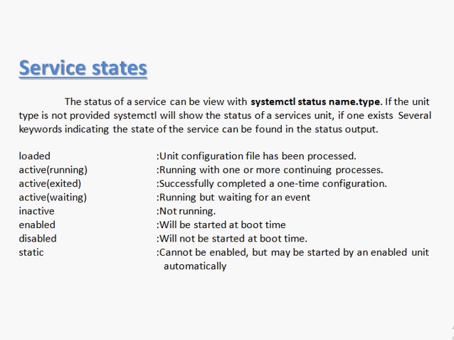Active (waiting): running but waiting for an event. Inactive: not running. Enabled: will be started at boot time. Disabled: will not start at boot time. Static: cannot be enabled, but may be started by an enabled unit automatically.